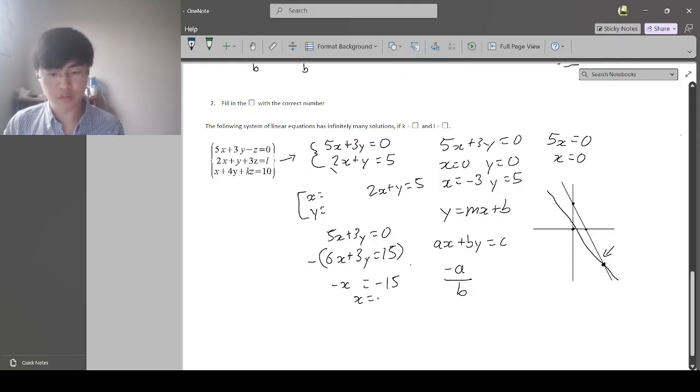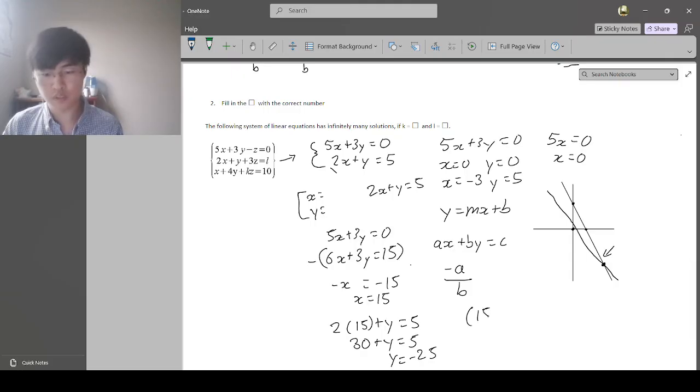So in other words, x is equal to 15. Then I can plug this back in. If I say 2 times 15 plus y is equal to 5, that would be 30 plus y is equal to 5, so y is equal to negative 25. So my solution would be 15, negative 25.